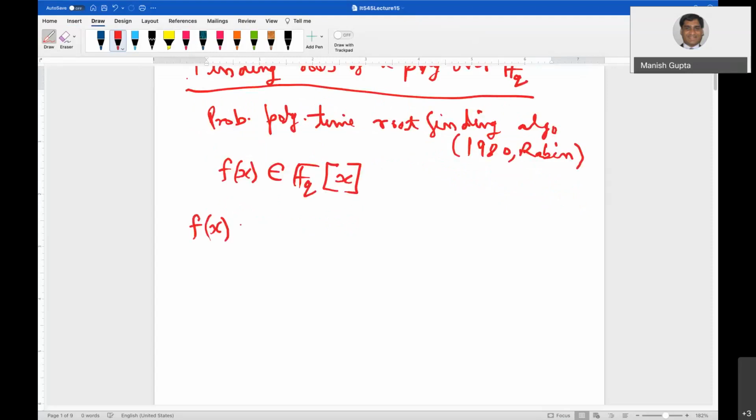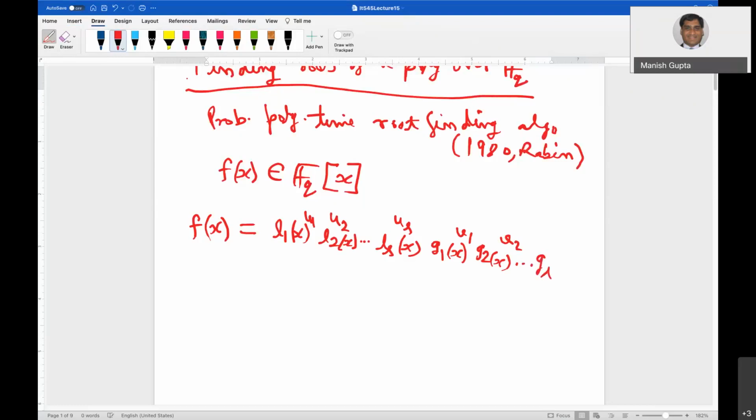It may happen that f(x) is something like L1(x)^u1, L2(x)^u2, then Ls(x)^us times g1(x)^v1, g2(x)^v2, and gt(x)^vt.